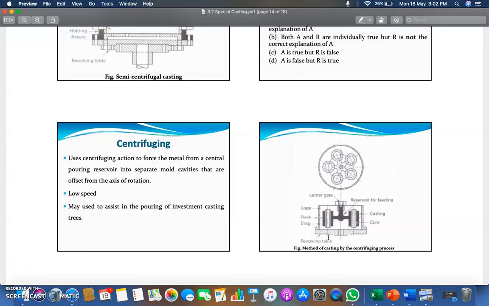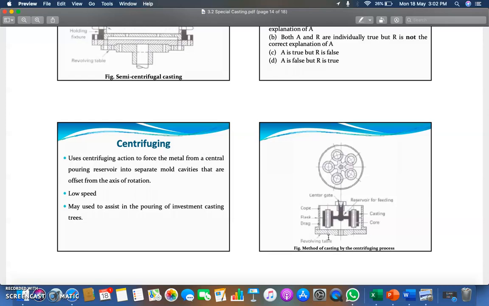I have covered most of the casting processes. I am not going into detail on any one casting method, because we are teaching here from the point of view of your university exam, so that you are familiar with most of the casting methods.